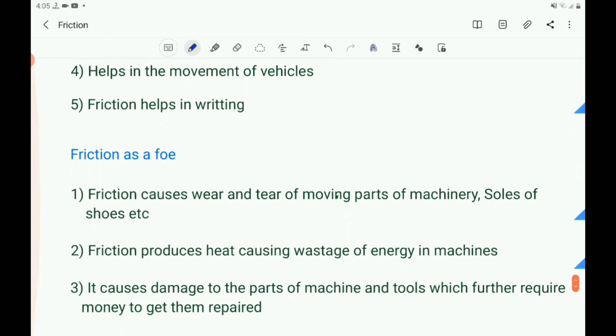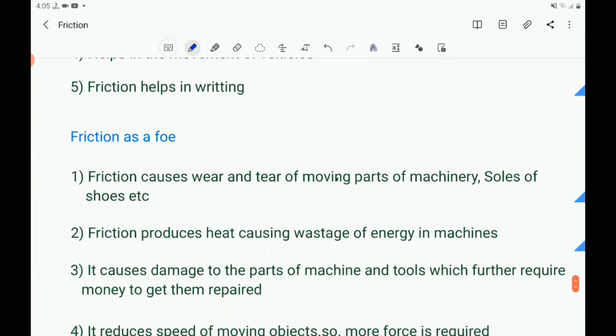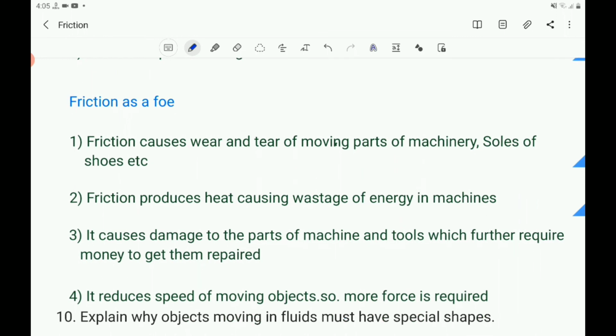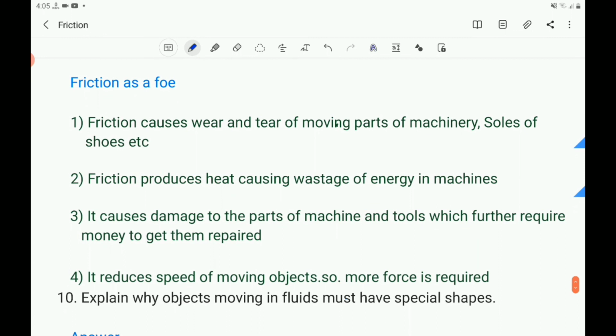Now, friction as a foe. You know that friction is also having many disadvantages to make it our foe. First one, friction causes wear and tear of moving parts of machinery, soles of shoes, etc. Friction produces heat, causing wastage of energy in machines.